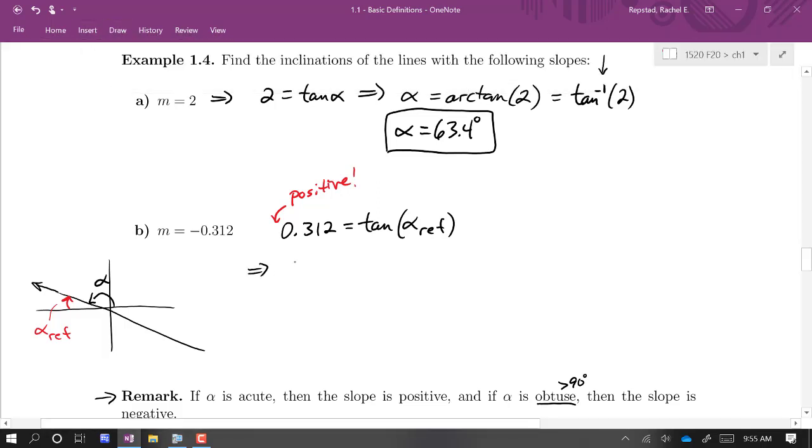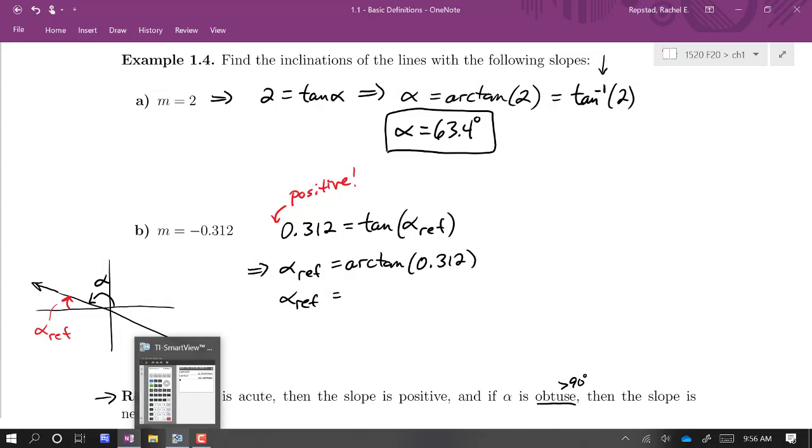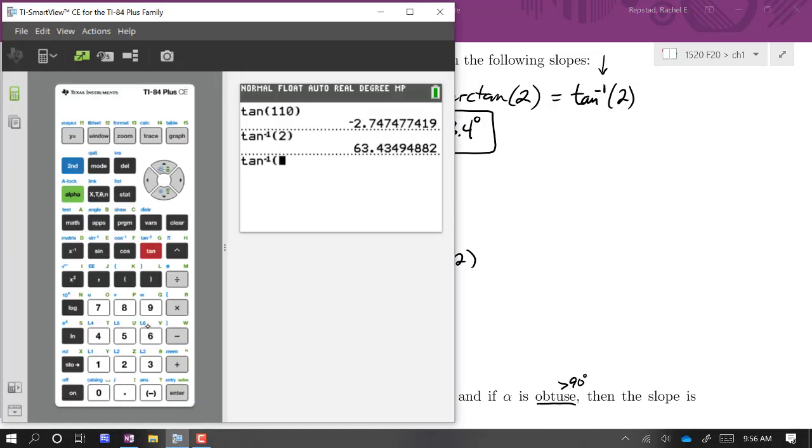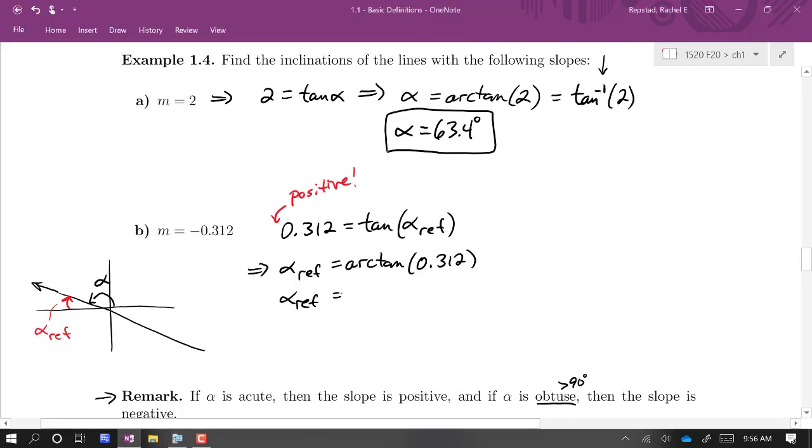So that means that our reference angle is arctan of 0.312, and that's 17.3 degrees.